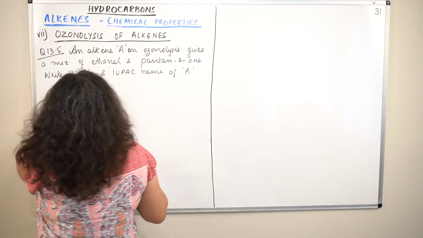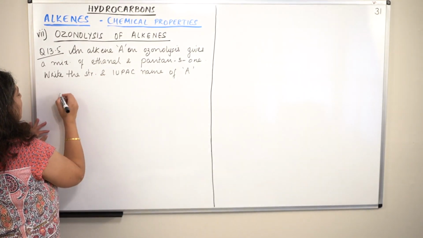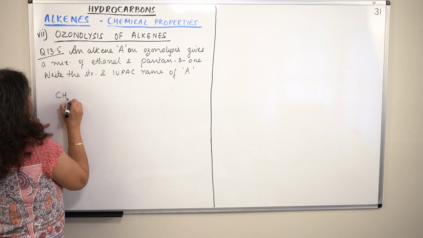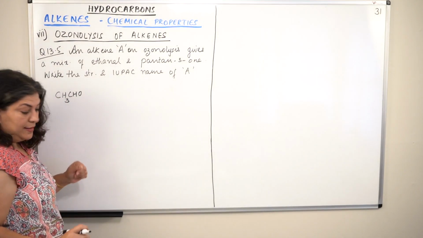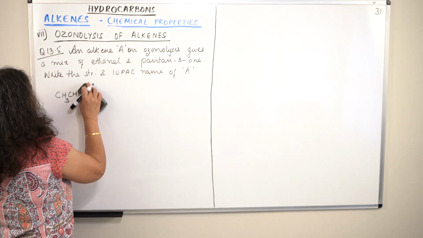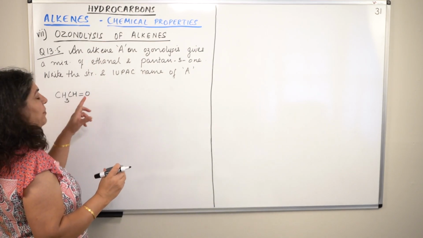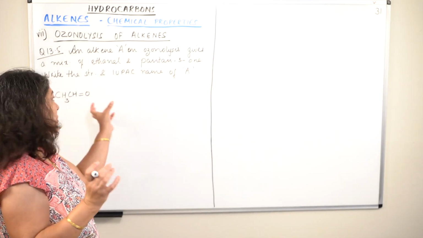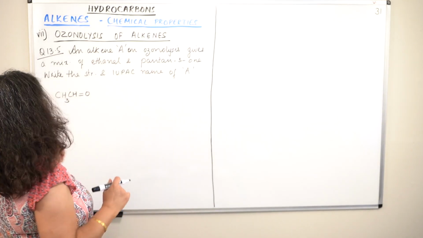So what are the products? The products are ethanal and pentan-3-one. Ethanal is CH3CHO. Alright, this is ethanal. And if I try to draw the structure of the double bond with O, I will write CH double bond O. Because I want to always be sure where the double bond O is, because I would like to put the 2 carbons with the double bond O adjacent to each other in order to get the ozonide.